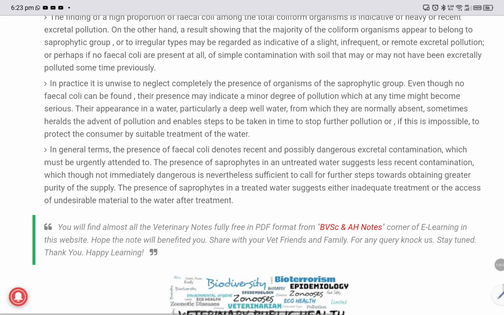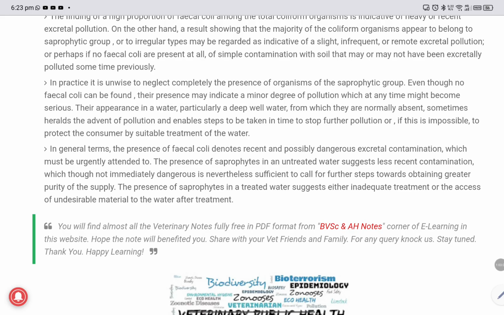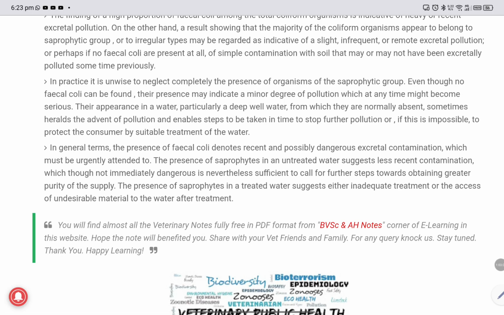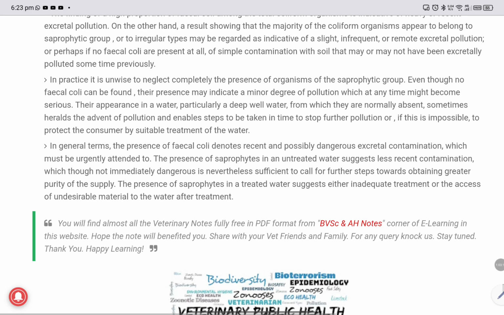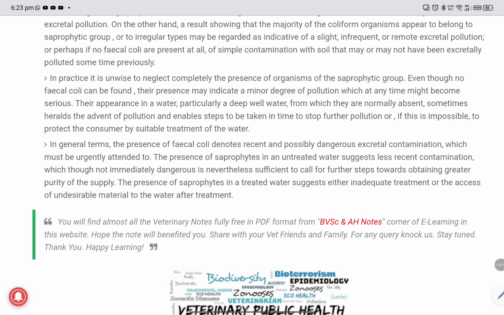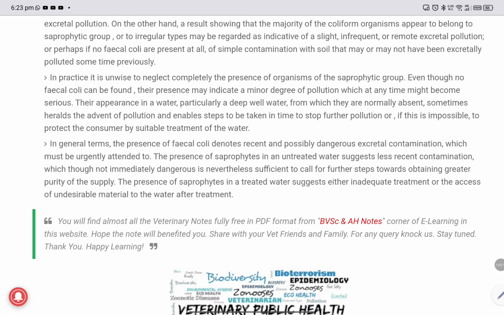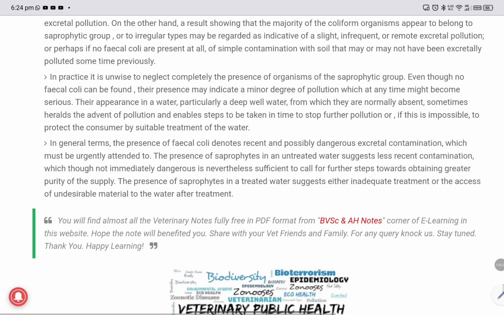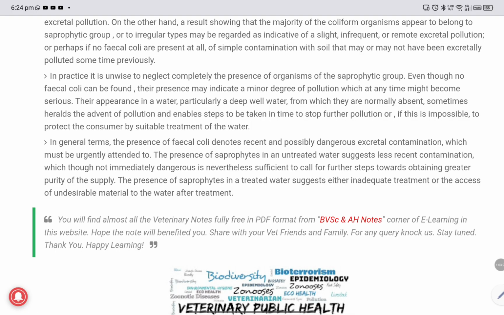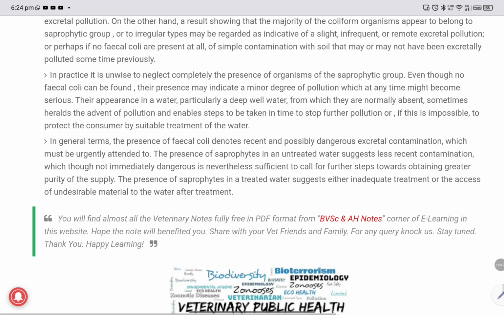Their appearance in a water, particularly a deep well water, from which they are normally absent, sometimes heralds the advent of pollution and enables steps to be taken in time to stop further pollution or, if this is impossible, to protect the consumer by suitable treatment of the water.